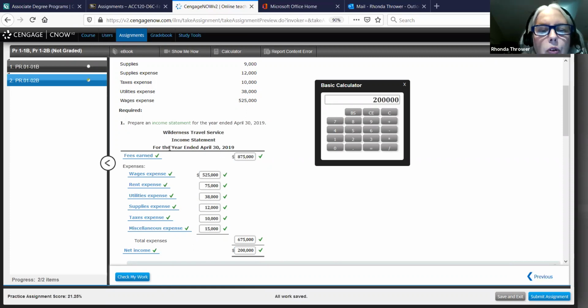When you report an income statement, you have to have a line that states that it is for the period of time that you're collecting the information for. So all of this information was collected during the year that ended on April 30th, 2019.